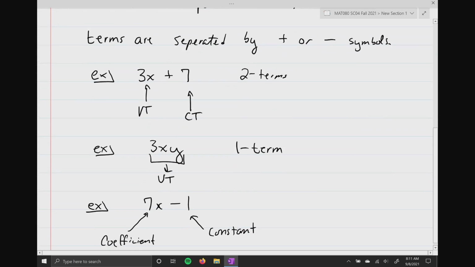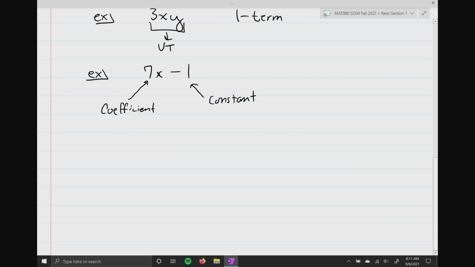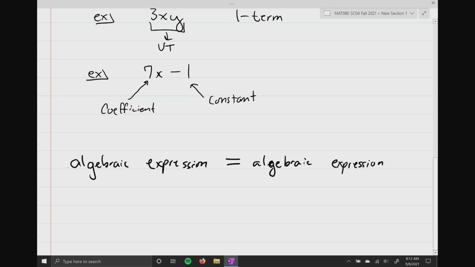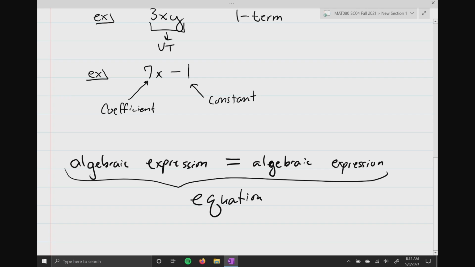All right. So then the question becomes this. Or it's not a question, I'll just tell you what it is. If you have an algebraic expression equal to another algebraic expression, that is called an equation.